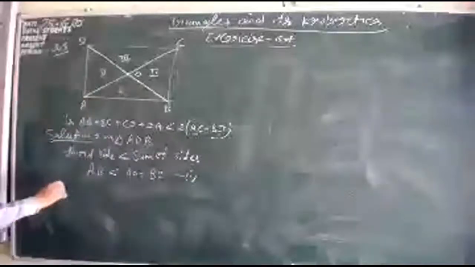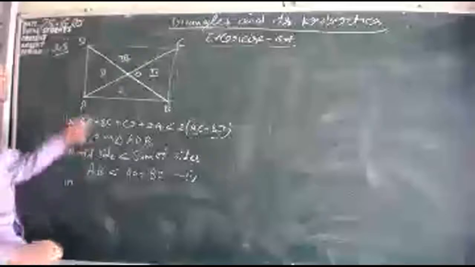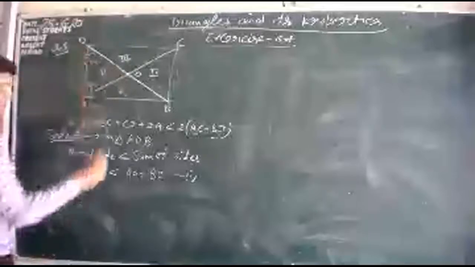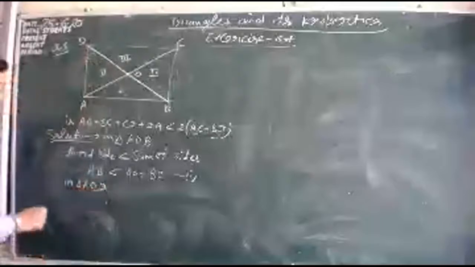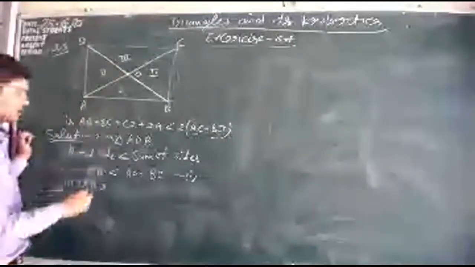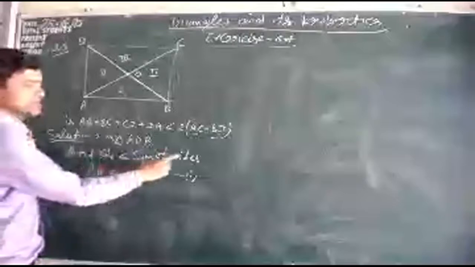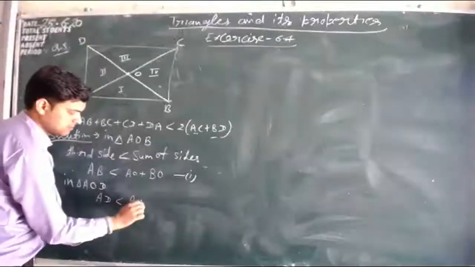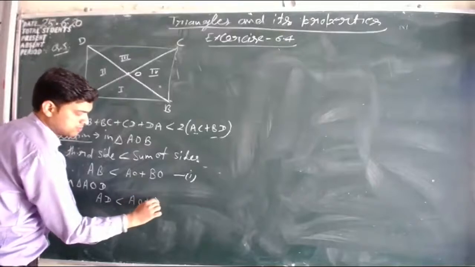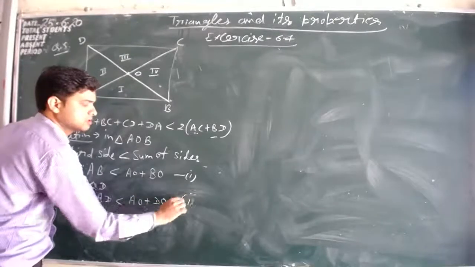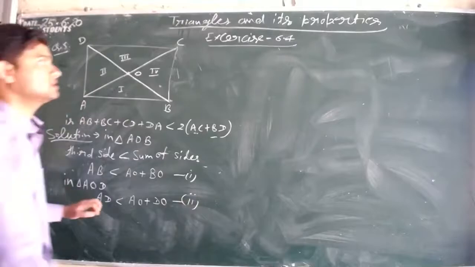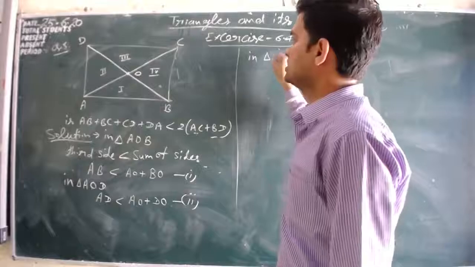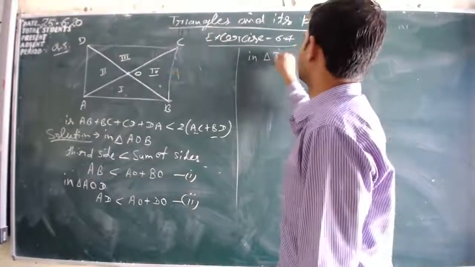Next, the second triangle we have to consider is triangle AOD. If we consider this triangle, the third side should be less than the sum of two sides. So the third side we have is AD, less than AO plus DO. Clear? That's your second inequality. Next one is in the third triangle, triangle DOC.